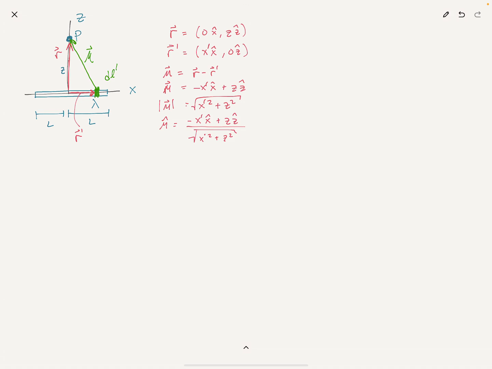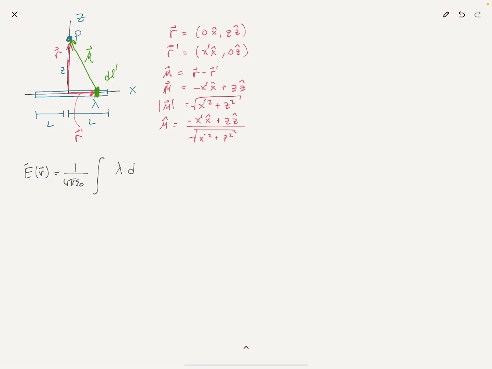All right, so let's go ahead and fill all that in to figure out what my integral is. So I know that my electric field at the point in space that I care about is going to be 1 over 4 pi epsilon naught, and integrate, right? I can integrate over my charge density. Here my charge density is a constant, so it no longer depends on my position R prime, so that makes it a little easier.